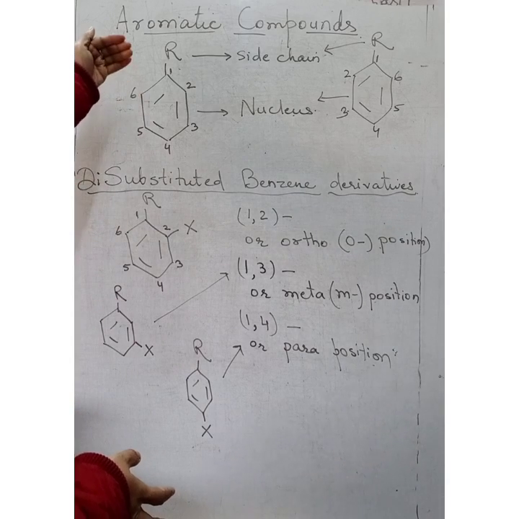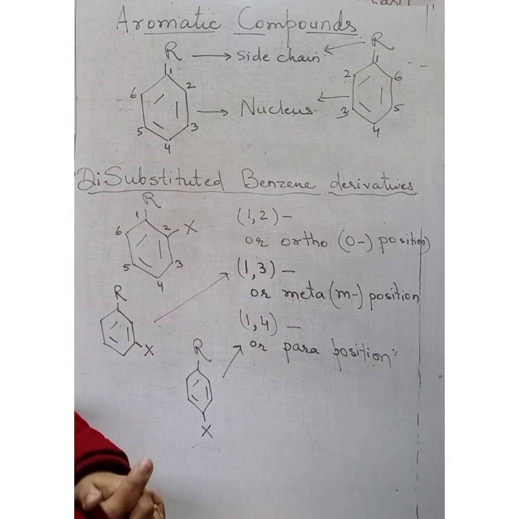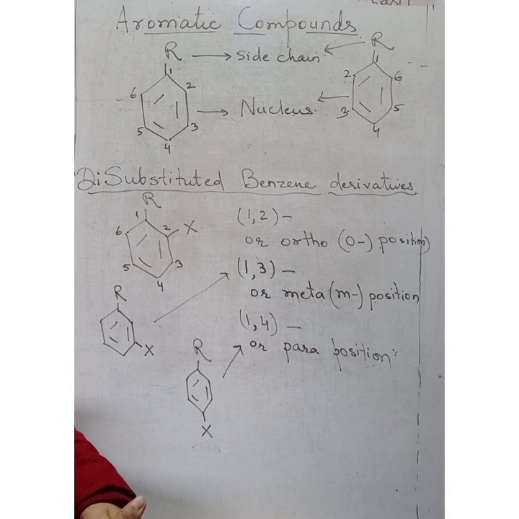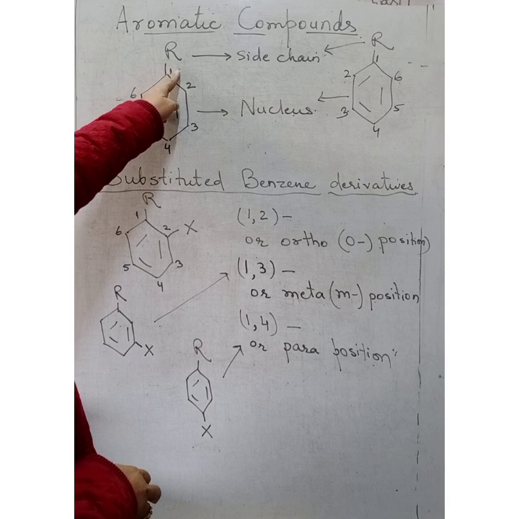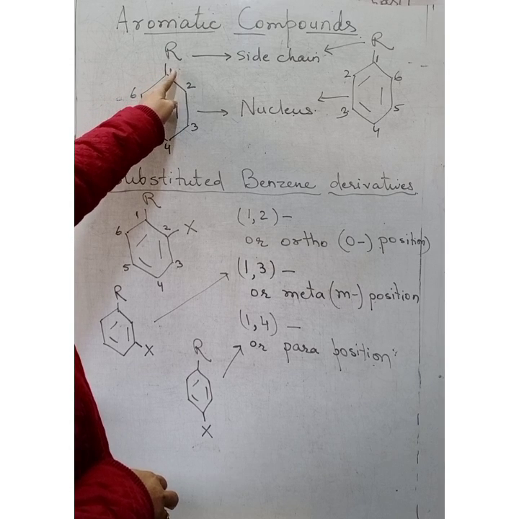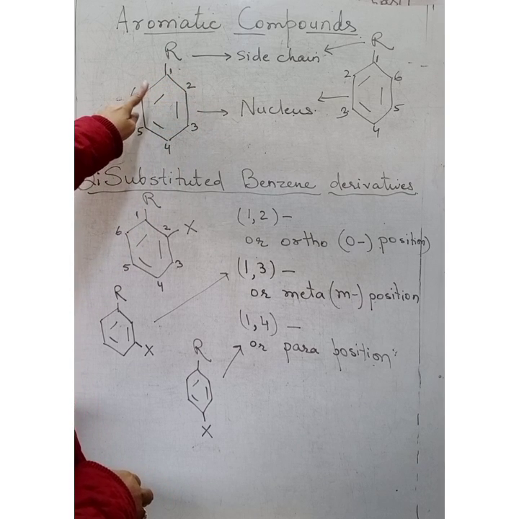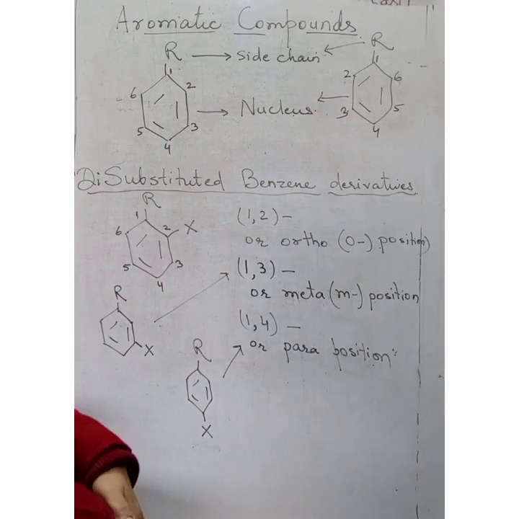But whenever a substituent group is attached to the benzene ring, we have to number it in such a way that the substituent gets the lowest number. So this will get the lowest number, number 1, and you can number along the clockwise direction or anti-clockwise direction.